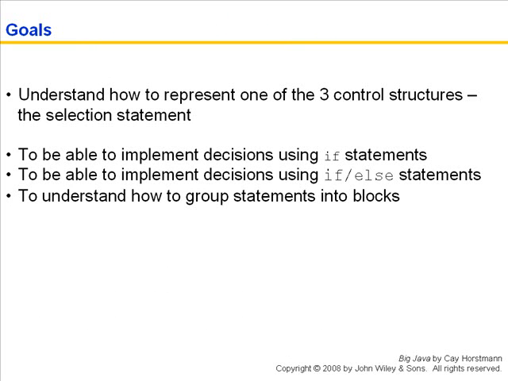The if-else is nothing more than an if statement that has a block of code or a single statement, which could be a block of statements, to do the true part, or we'll call it the if part, or the else part. And finally, we talked about how we group statements into blocks. Why do we do it? We do it so that we can use a block of statements with several statements inside as if it were a single statement as far as the if or if-else is concerned.